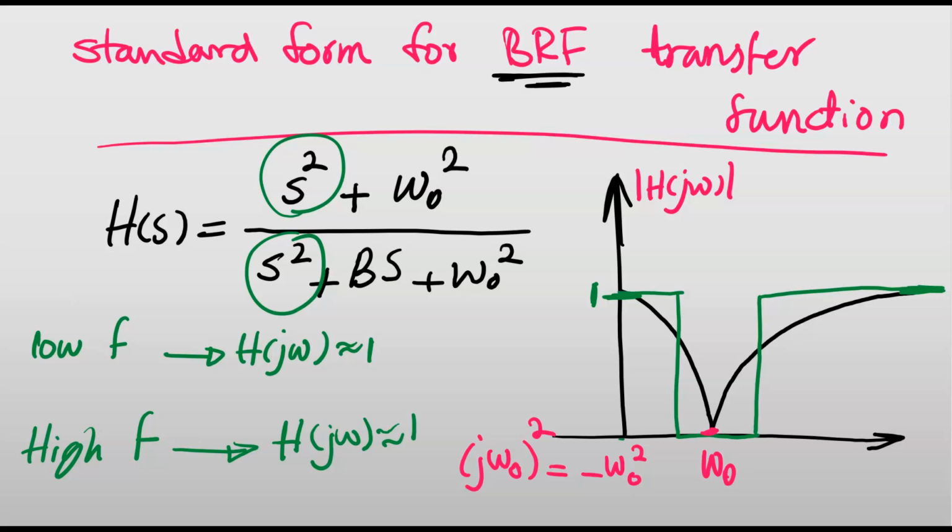So ω naught is our center frequency at which the magnitude of H at jω naught is equal to 0. And similar to what we discussed for the band pass filter, we do have cutoff frequencies.